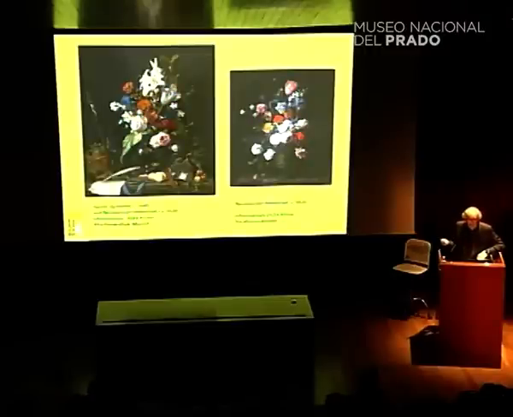He reworked other flowers. He added the watch and the ribbon. He probably also added the cherries on the table. So it became much more interesting for a collector in that period. And in comparison, I show you a work that is entirely by Veerendaal, and you can see that the style is very similar.